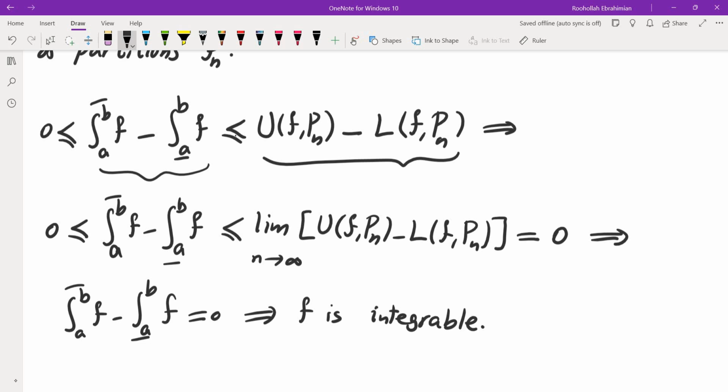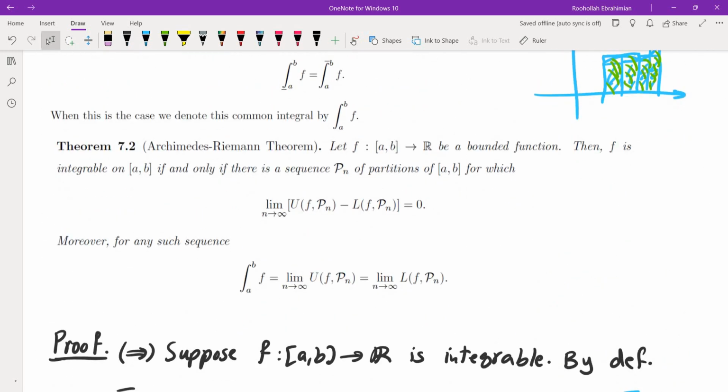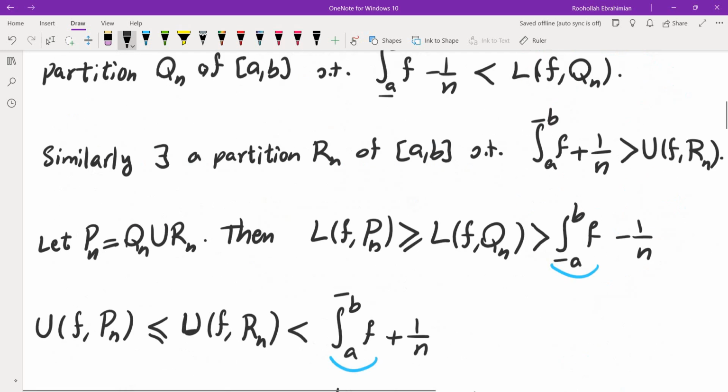Okay, so this proves the Archimedes-Riemann theorem, the first part of it, the part that tells us the function is integrable if and only if the difference of the upper minus lower sum approaches 0. Now, suppose you have a sequence of partitions such that upper minus lower approaches 0. We would need to prove that, in fact, the integral is the same as the limit of each one of those.